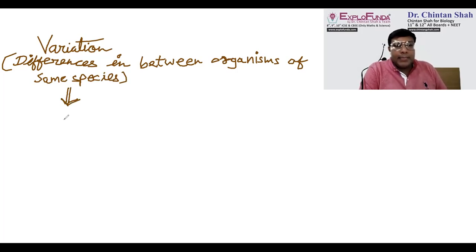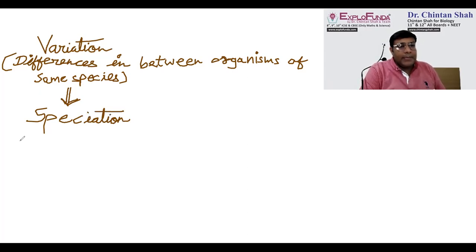Now variation will give rise to what? Because many variations which are accumulated will give rise to a new species. So occurrence of a new species is known as what? That is known as speciation. Okay. So speciation means what? Occurrence of a new species.